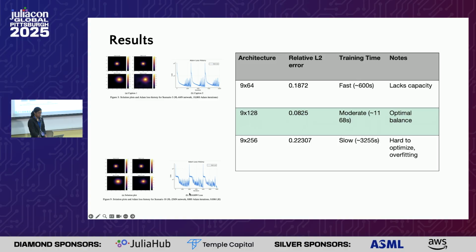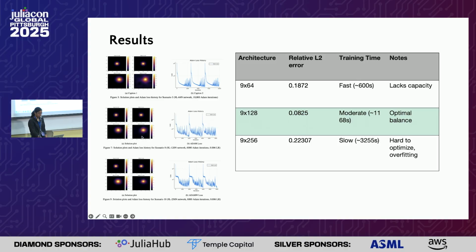And this is the optimal 128 neuron network configuration, where the loss curve is much more stable and converging smoothly, and the final prediction is clean and visually close to the ground truth from the traditional FDM solver.